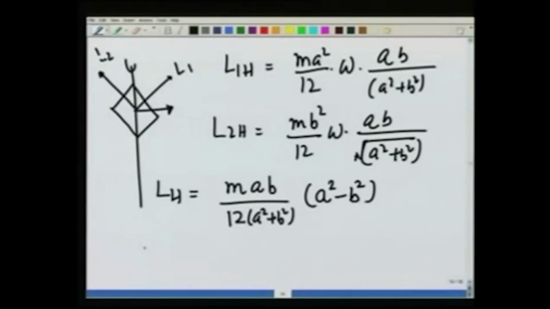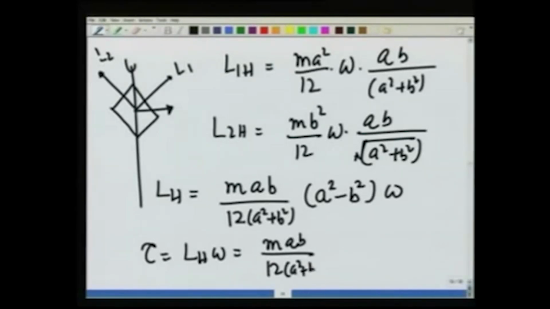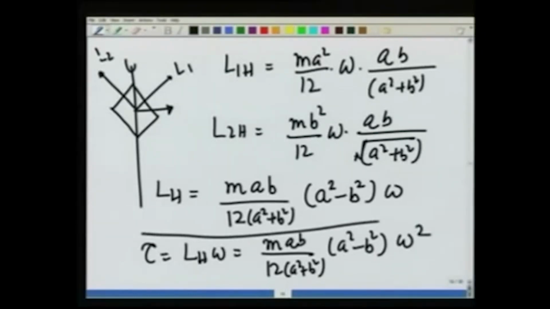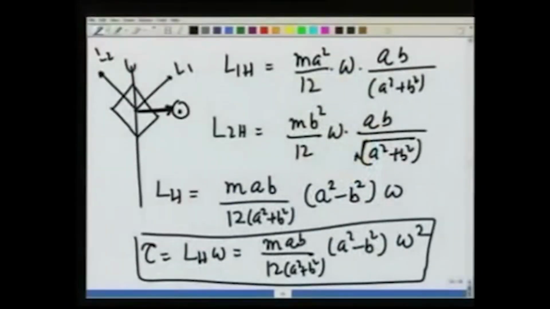And therefore the torque, which is L horizontal times omega, is going to be m a b over 12 a square plus b square times a square minus b square times omega square. How about the direction? This is rotating like this, so this will be going into the plane, and that will be the direction of the torque.